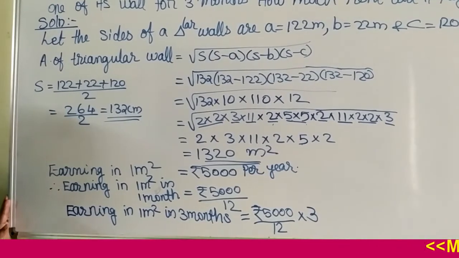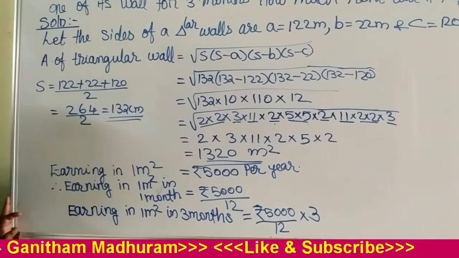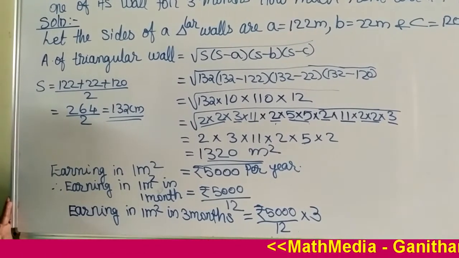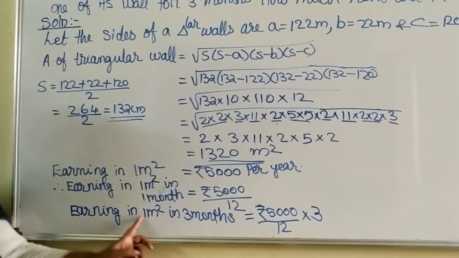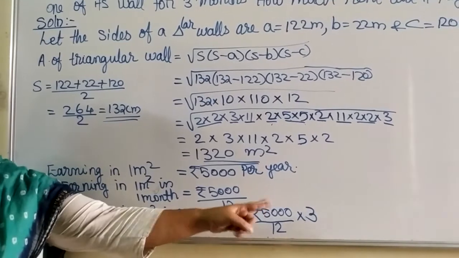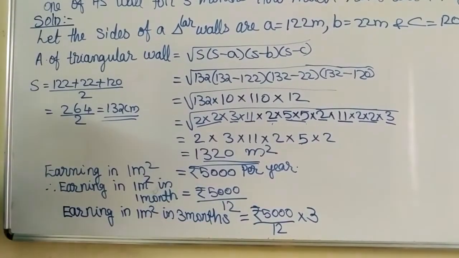Now, earning in 1 meter square in 3 months, we have to find how much rent it paid for 3 months. So earning in 1 meter square in 3 months equals 1 month multiplied by 3, that is rupees 5,000 upon 12 multiplied by 3.